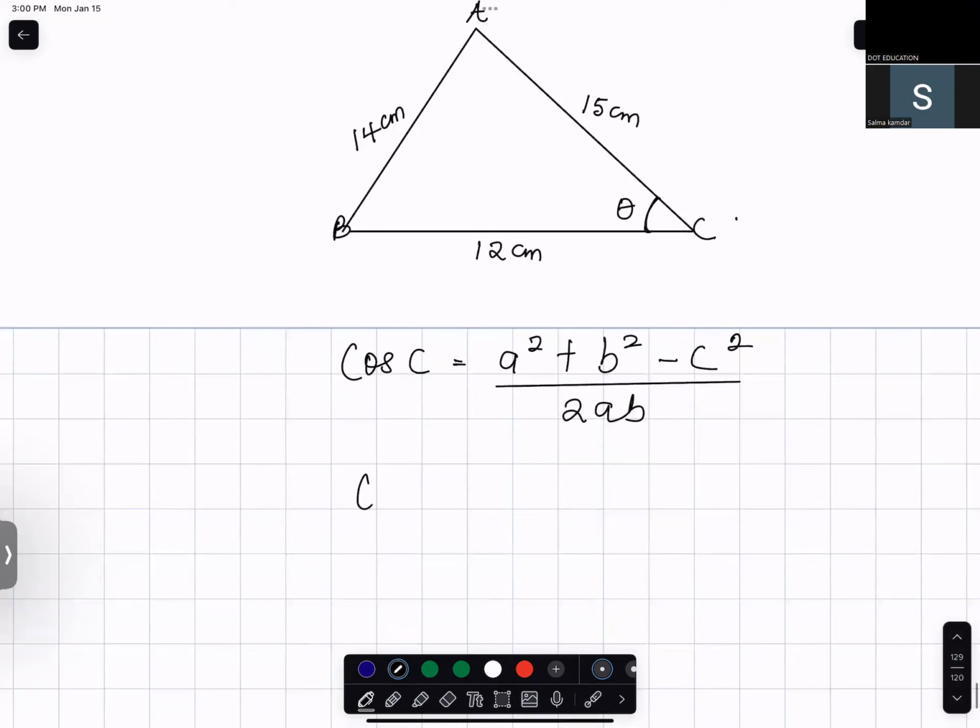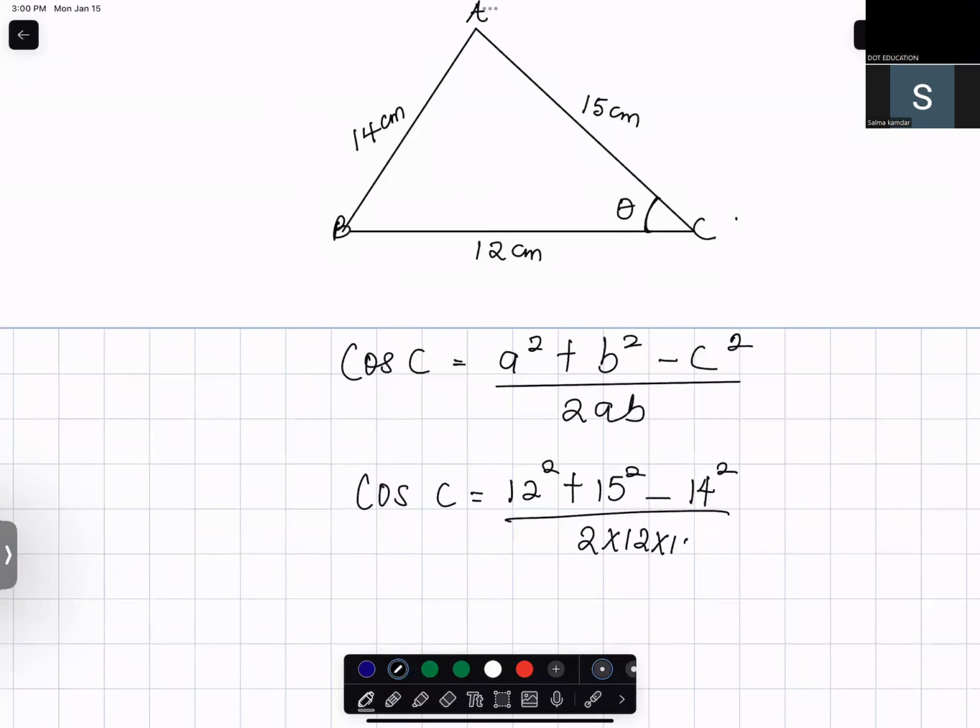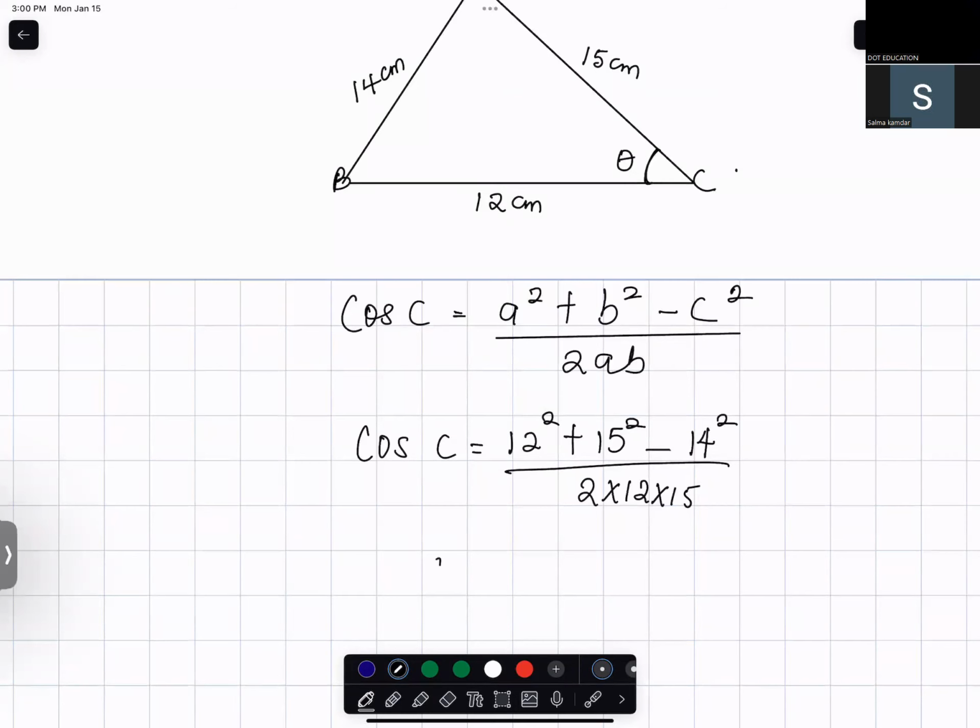So we have cos angle C is 12 squared plus 15 squared minus 14 squared, divided by 2 times 12 times 15. So our cos C is 144 plus 225 minus 196 divided by 360.